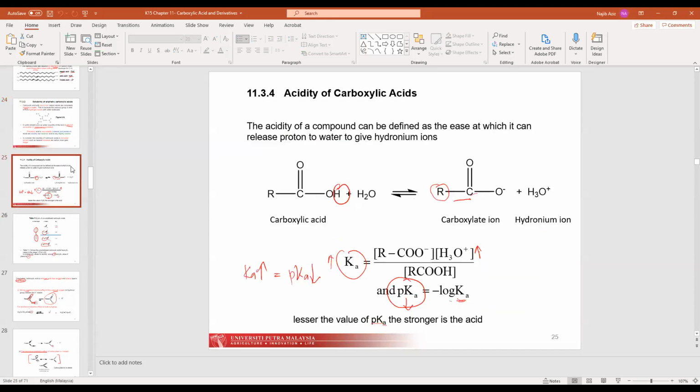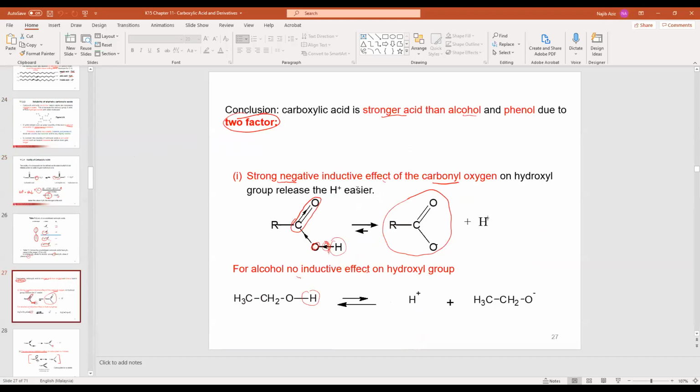And then next ada lagi untuk the acidity of carboxylic acid, if you compare between alcohol and phenol, so carboxylic acid has higher acidity ataupun more stronger ataupun more acidic compared to phenol and alcohol due to these two factors.